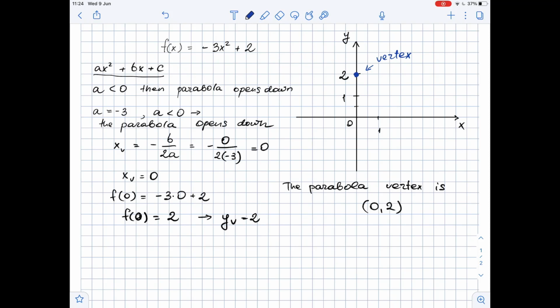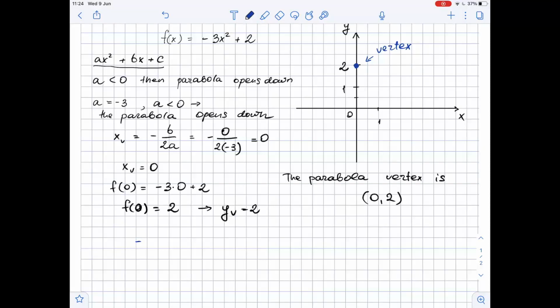Now to build our parabola, we need to find the points where it intersects the x-axis. So we need to find the points where y is equal to 0. Let's try to do that. We will write down that negative 3x squared plus 2 has to be equal to 0.